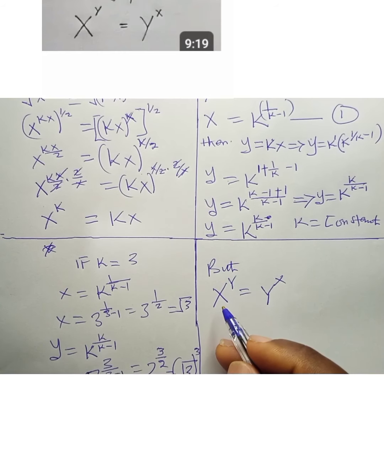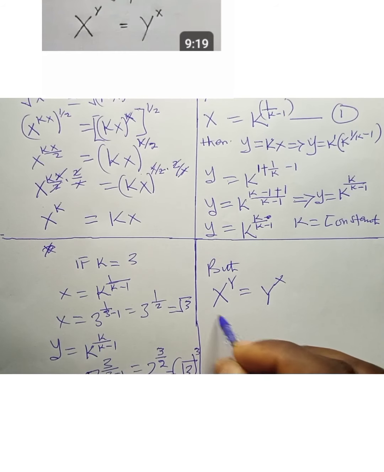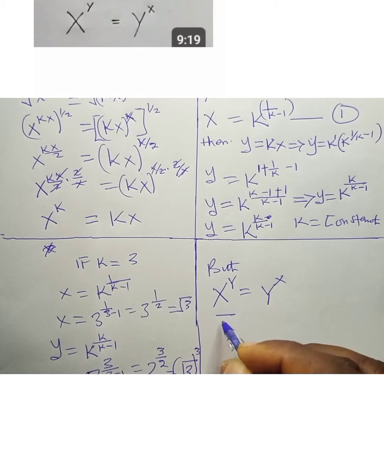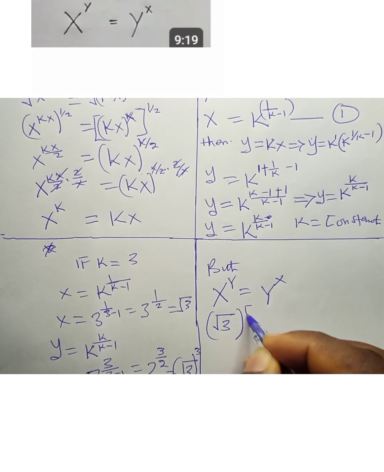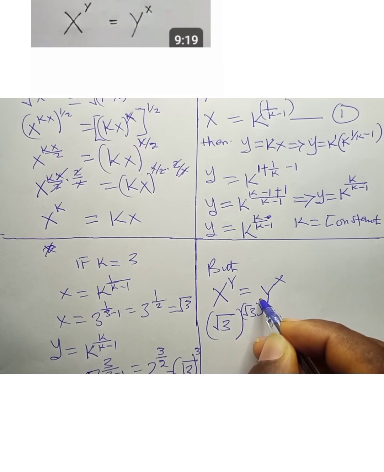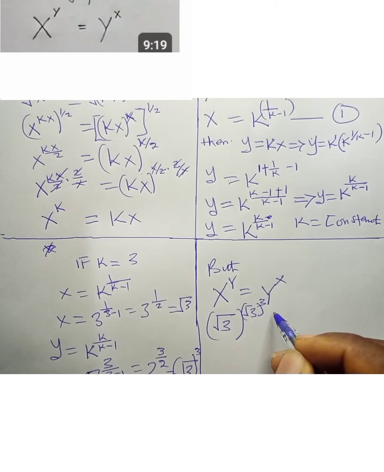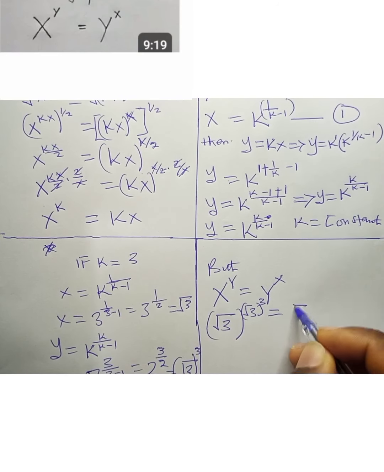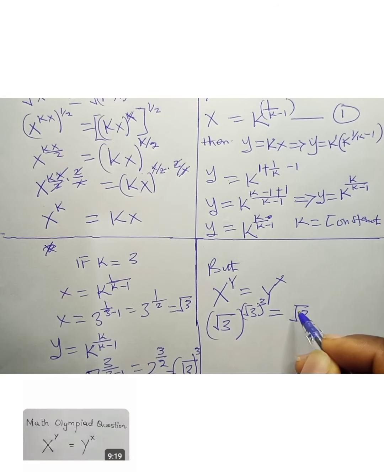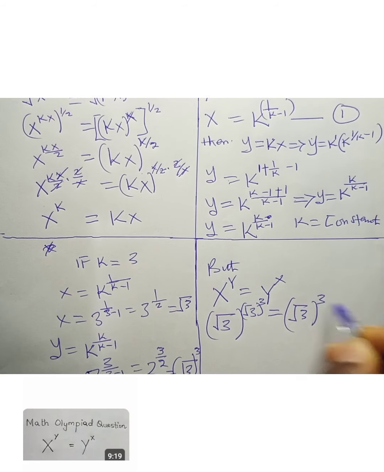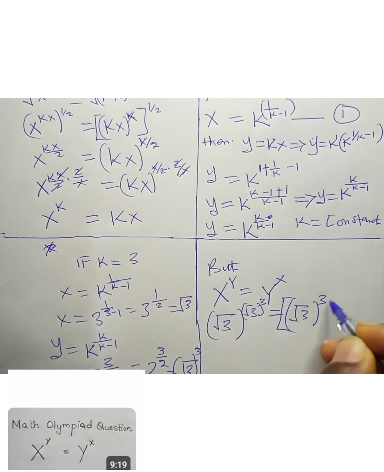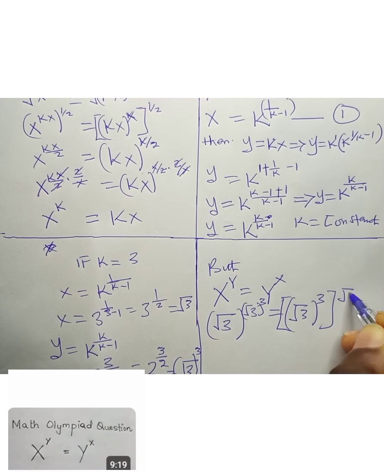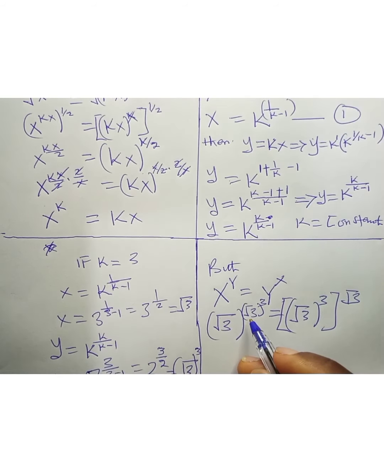If we substitute the two values, we're going to have the square root of 3 raised to power y, which is root 3 raised to power 3, equal to the square root of 3 raised to power 3, raised to power the square root of 3.